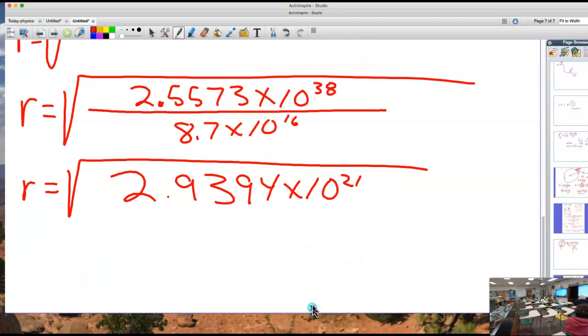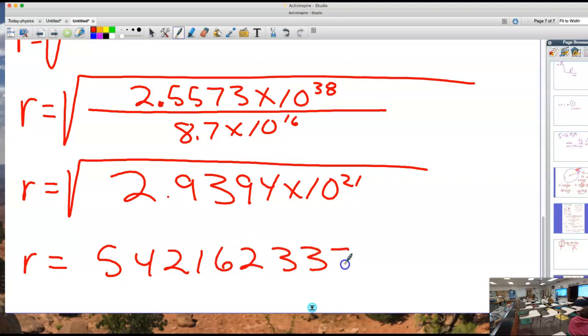And square root that. What we got? It's like 5, 4, 2, 1, 6, 2, 3, 3, 7, 3, 1.